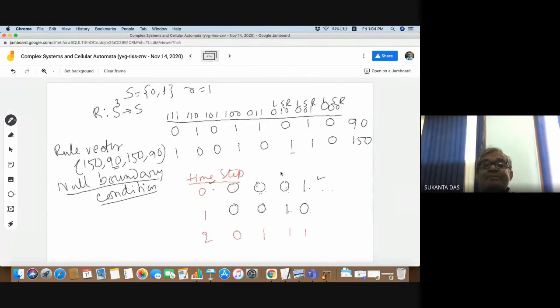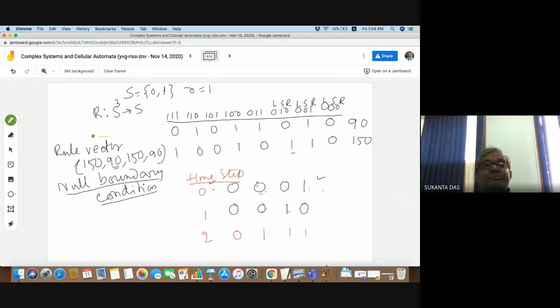See, these two CAs are linear. You can check it. Here there are 3 inputs, L, S, R. Here I am considering X, Y, Z. Let me use a different color.